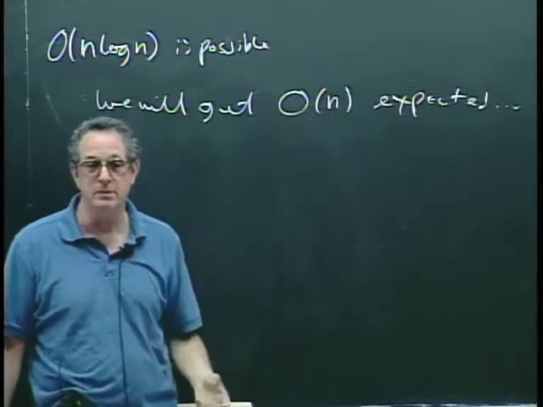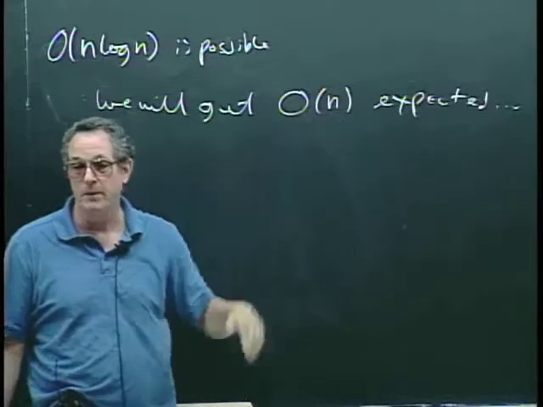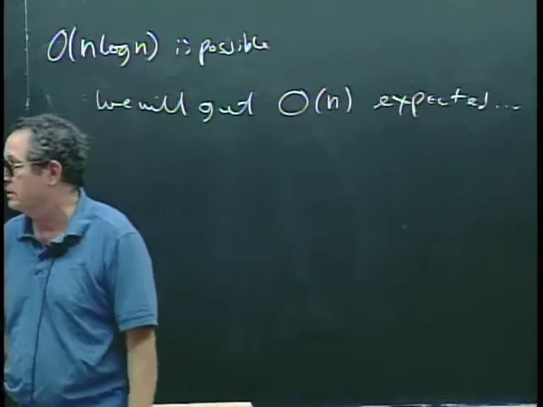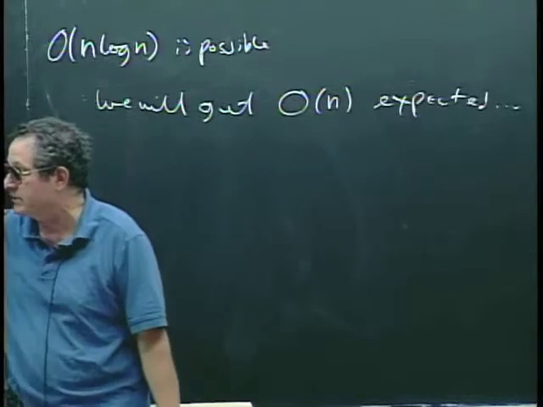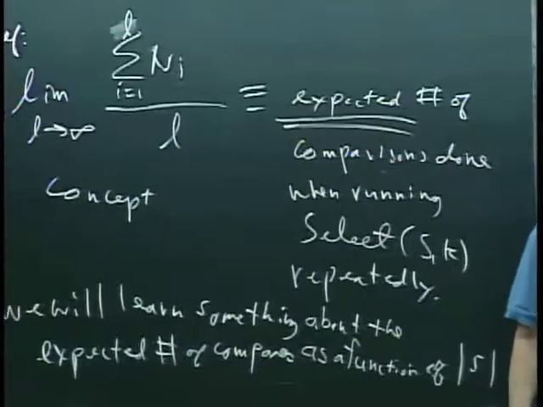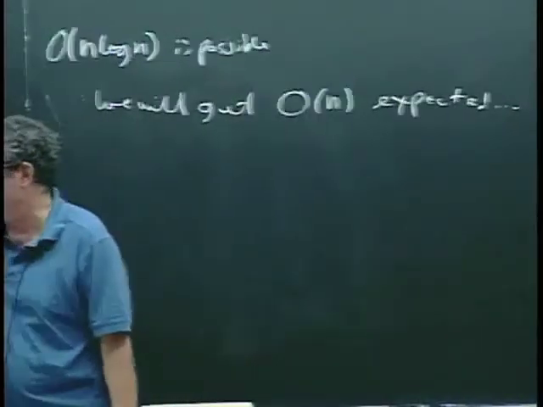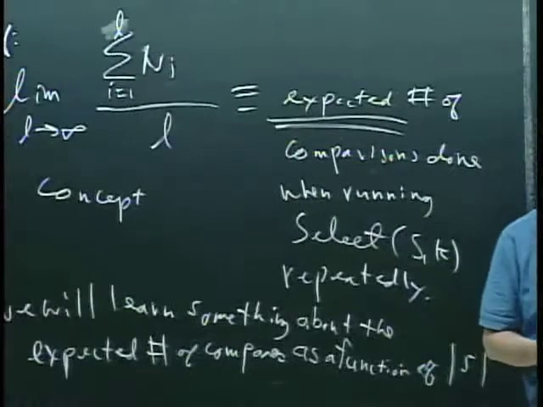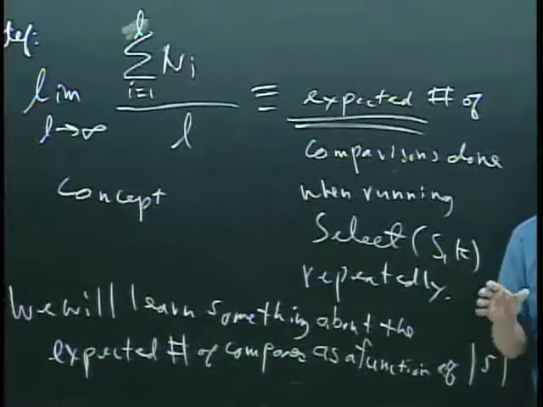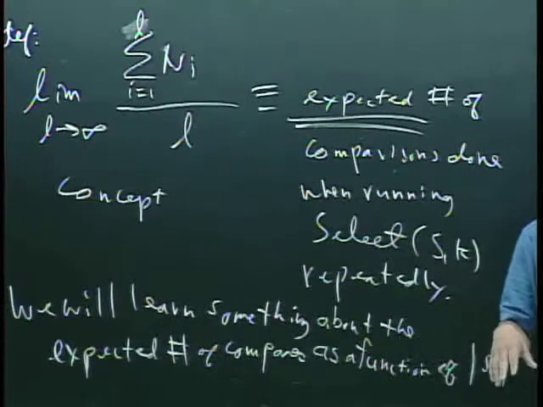There's a completely deterministic algorithm that finds the median in order n worst-case time. The analysis for select is much simpler than for the deterministic algorithm. Probably the analysis is harder in the randomized case. That's often what happens: the randomized algorithm is simpler than the deterministic algorithm, but the analysis is harder.